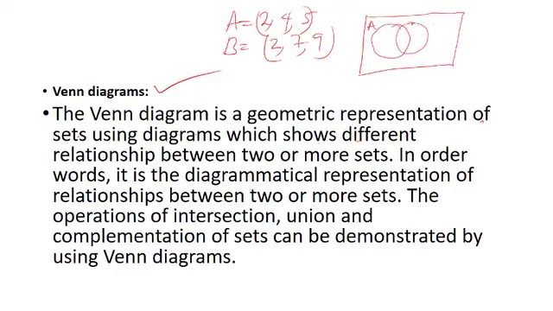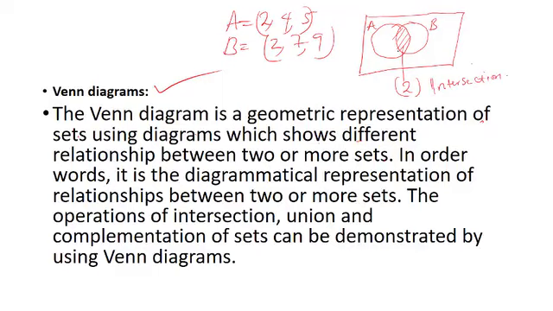Now this is A, this is B. Now there's something common between them, which is 2. This position is called 2, which serves as the intersection. Remember, I told us that anything they have in common is called intersection.